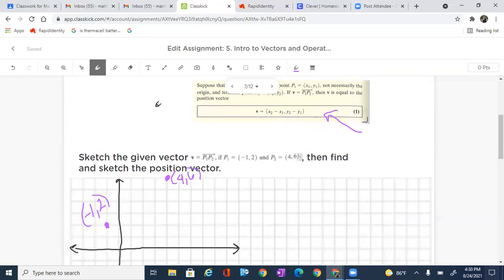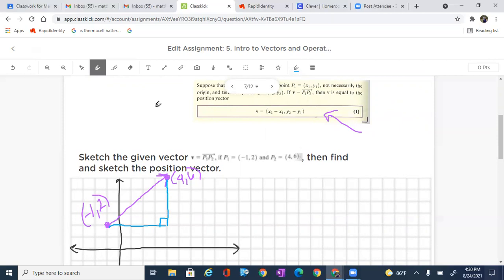And now what we're going to do is we start at -1, 2, and we go to 4, 6. Now the question is, how do we sketch the position vector? Well, we can do this a number of ways, but we're going to focus in on one specific way, and that is the idea of building out a right triangle and determining the distances.